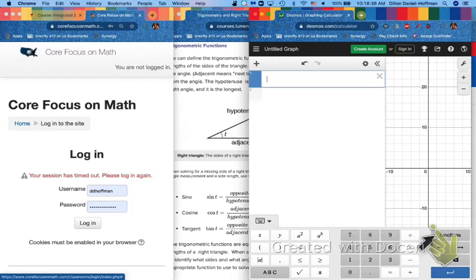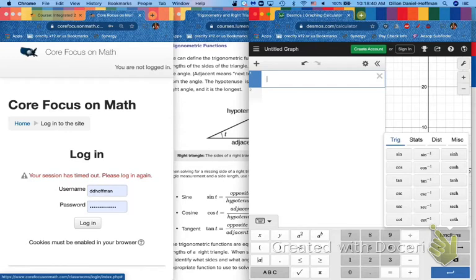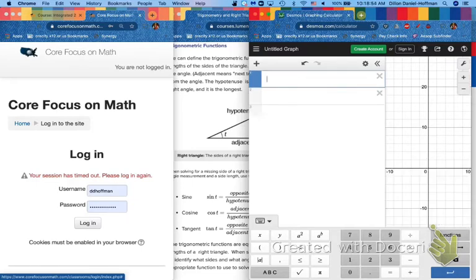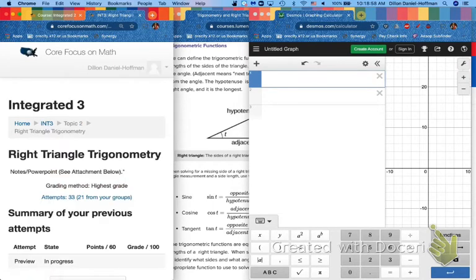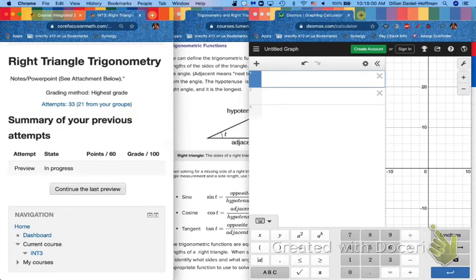Let's get just familiar with the buttons here. And here we got them. Sine, cosine, tangent, as well as a whole bunch of other ones that if you take a full year of trigonometry, you get into things like secant, cotangent, inverse of all of this. For now, don't worry about that. Okay. I'm going to log in just like you guys log in. And let's go.